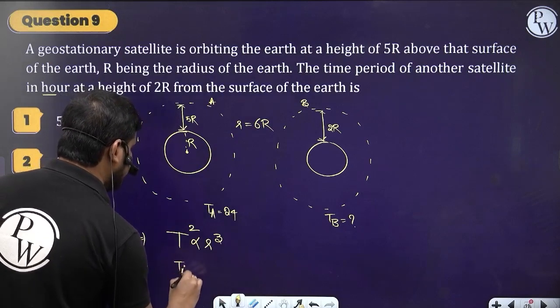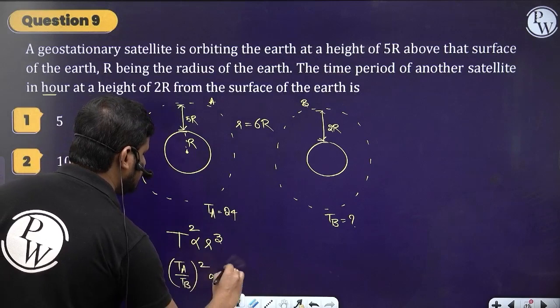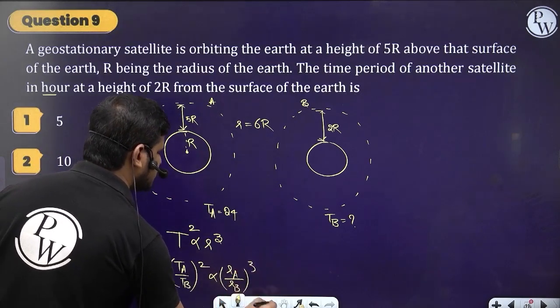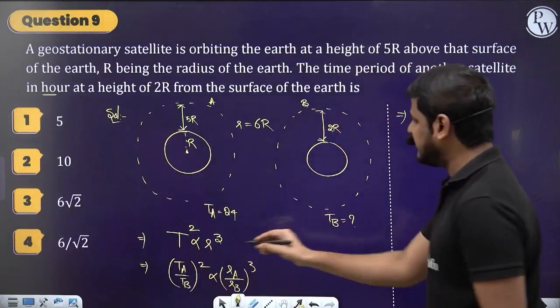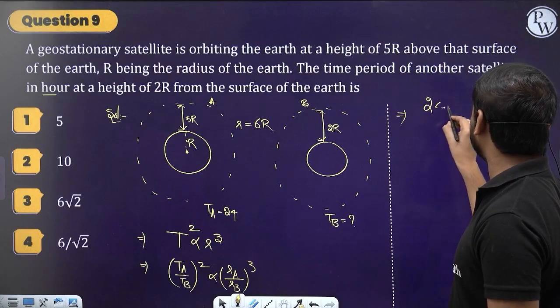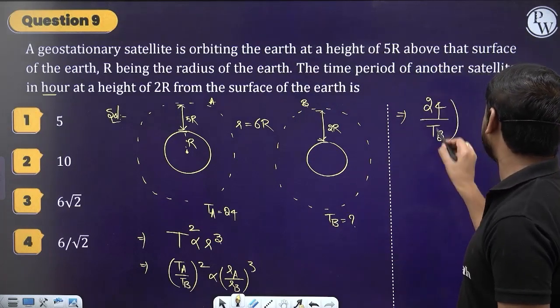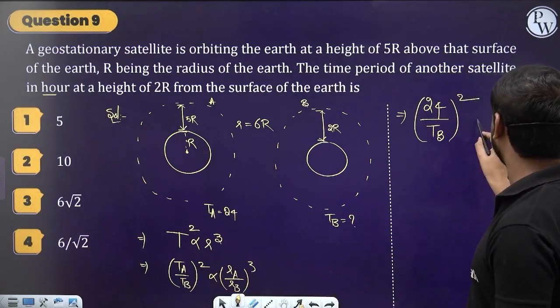TA by TB whole square is directly proportional to RA by RB whole cube. That's it.